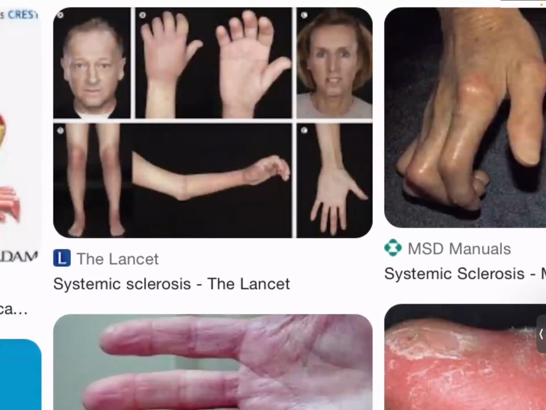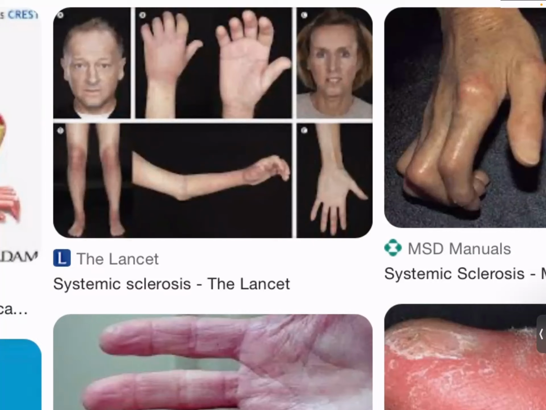What is this case? What is the diagnosis for this case? Systemic sclerosis. What are the findings in this very characteristic facies? Baker mouth. Puckered mouth and tapered nose.